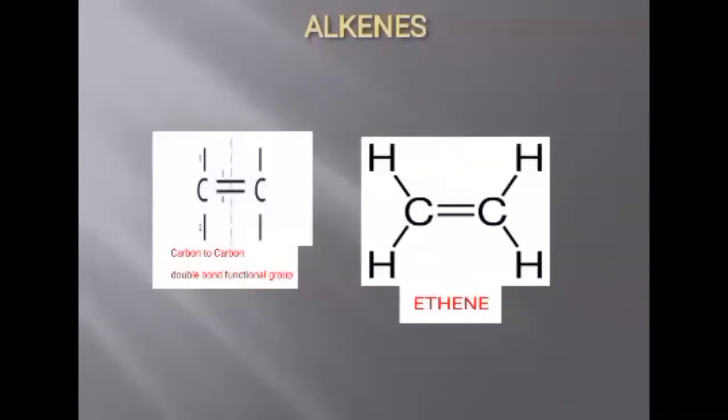And not only shown, but the position of the double bond will equally be shown. If you look at my lessons on the naming of organic compounds, you will understand this very well. So we've seen the first functional group, alkane, carbon to carbon single bond, and this one is for alkenes, carbon to carbon double bond.